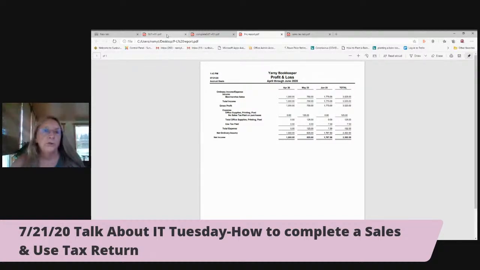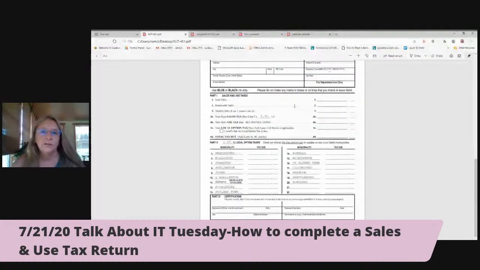So over here in my sales and use tax, in my total sales, I'm going to put in, no, it's not, sorry, this is a fillable PDF, but I guess because I'm sharing my screen, I can't fill it out.